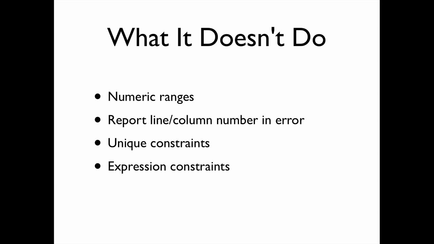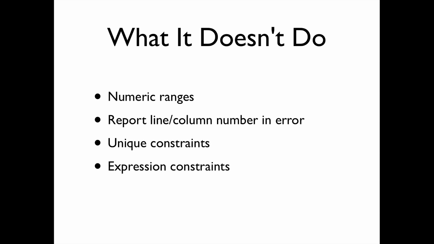So some things that it doesn't handle. You can't validate that a number is in a particular range. You can't apply an arbitrary function to some point in your pattern and use it as a test. It doesn't report line numbers or column numbers in errors. It doesn't have any kind of notation for paths within patterns.